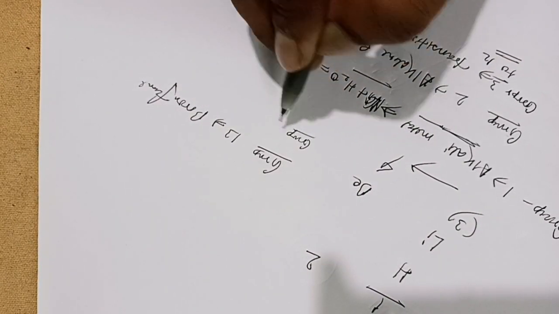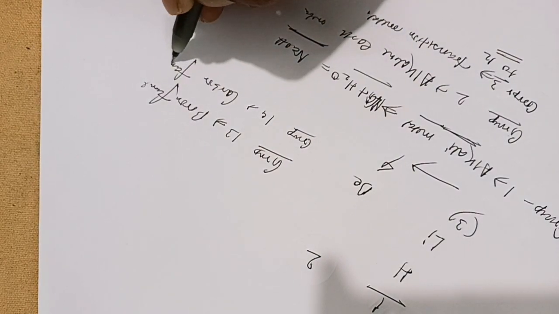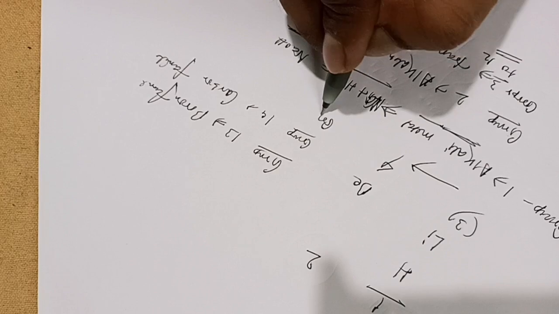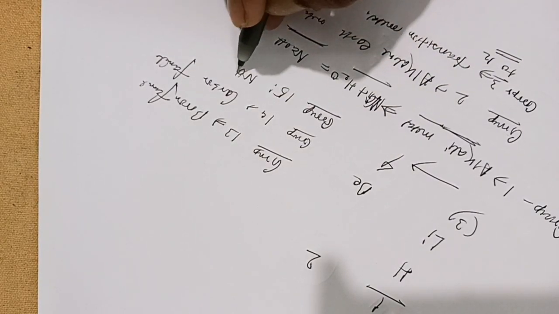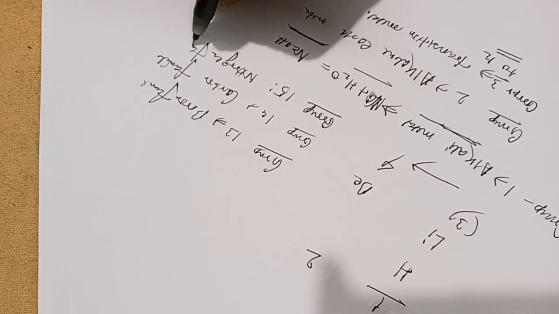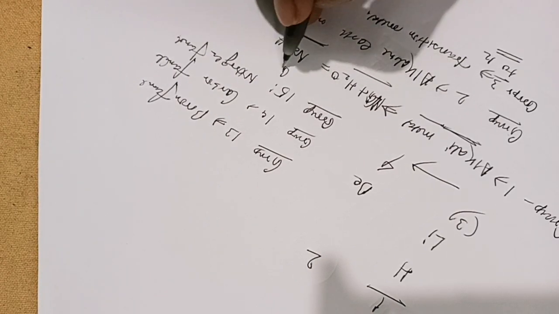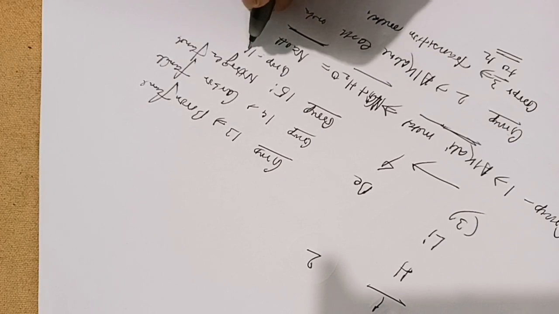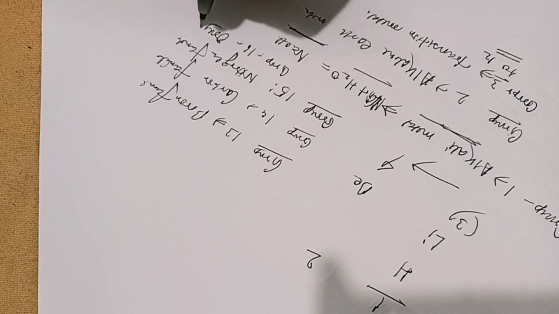Group 14, carbon family. Group 15, nitrogen family. Group 16, oxygen family, known as chalcogens.